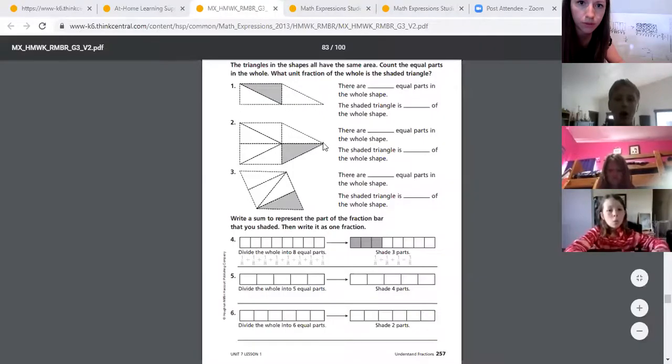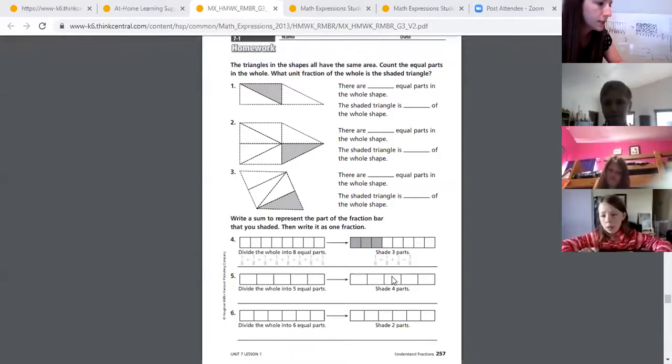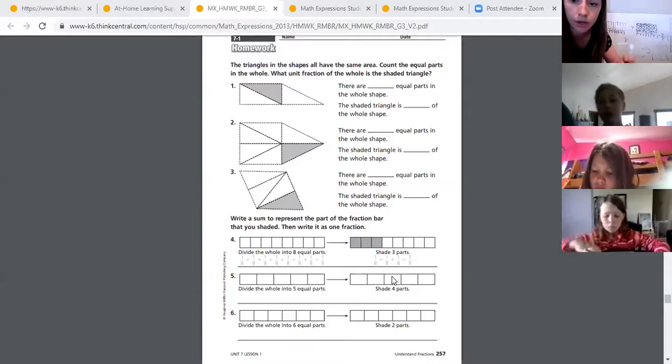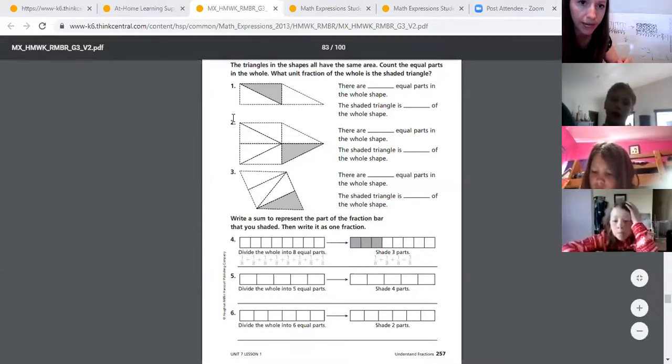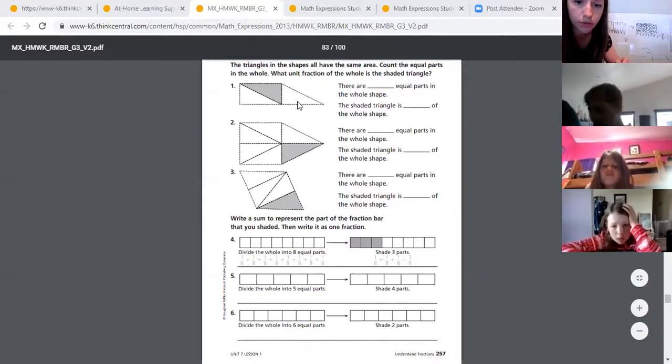Okay, so this is our homework page for today. It says the triangles in the shapes all have the same area. Count the equal parts in the whole. What unit fraction of the whole is the shaded triangle? So here we have 3 equal parts, right? So 3 triangles.